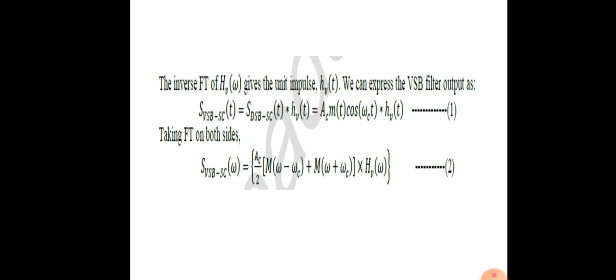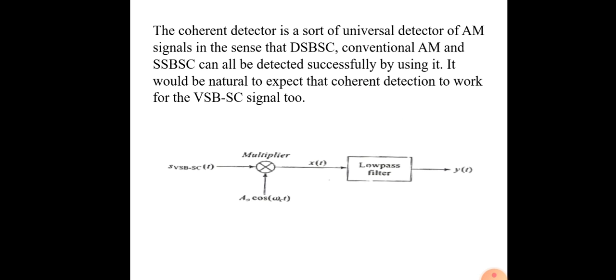In our next step, we apply the Fourier transform on both sides, so that equation will appear below. Here, we get equation number 2, and then we get the original signal.